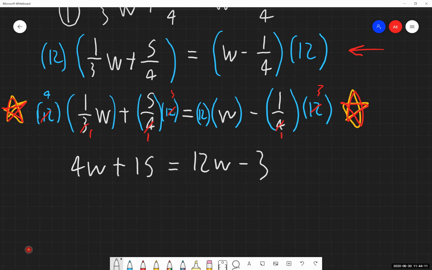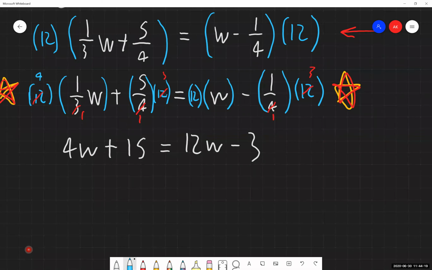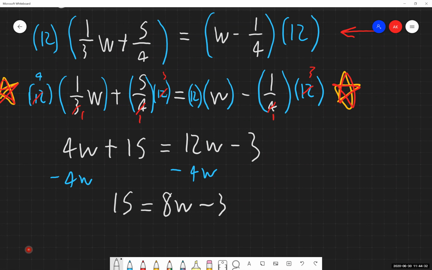And suddenly now my fractions are gone, and I can work through this exactly like I would with any of these other problems. So I'm subtracting 4W from both sides. I'm getting 15 is equal to 8W minus 3.